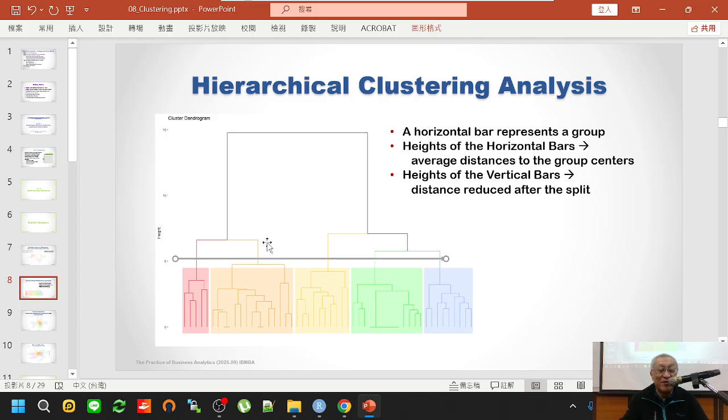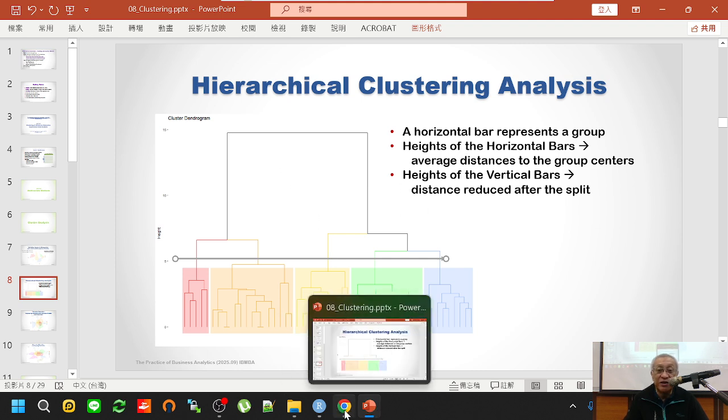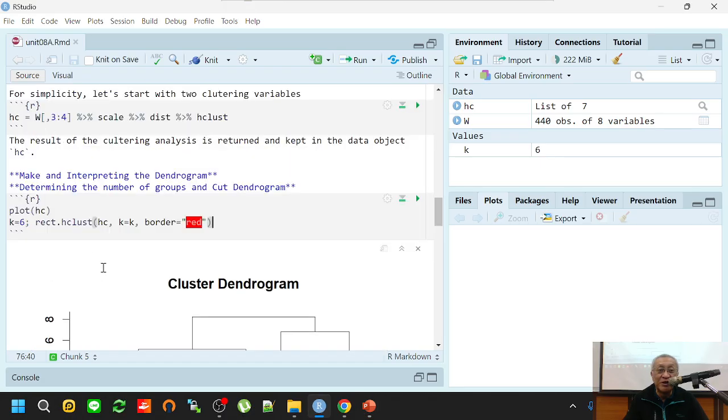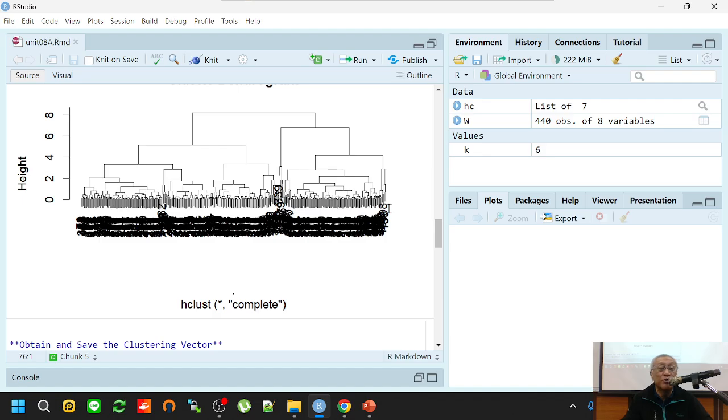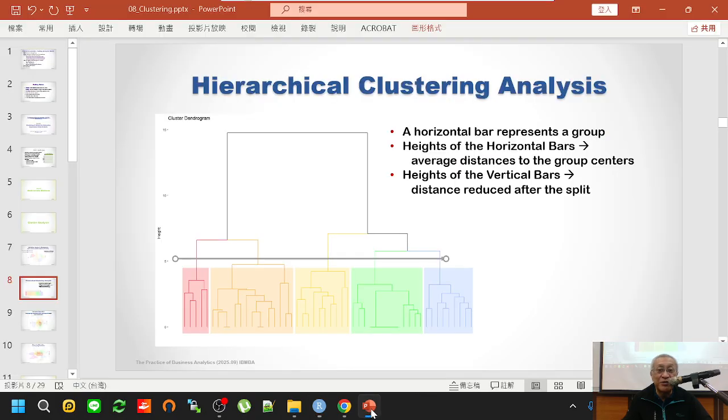But the thing that I want to explain here is that plotting the dendrogram is easy. You simply call plot dendrogram, then you will have a dendrogram. But how to interpret the dendrogram is what I want to explain here.